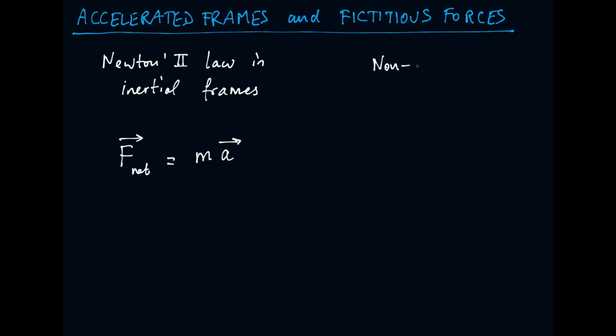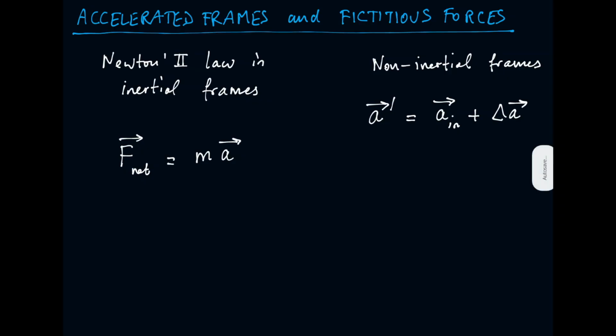In a non-inertial frame, in general, the acceleration as seen from the primed reference frame is equal to the acceleration in the inertial frame plus some other correction, the form of which I'll show you in a second. But there's a correction to it that depends on the translational motion and on the rotational motion.